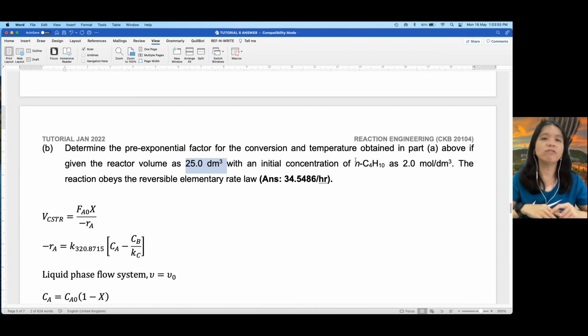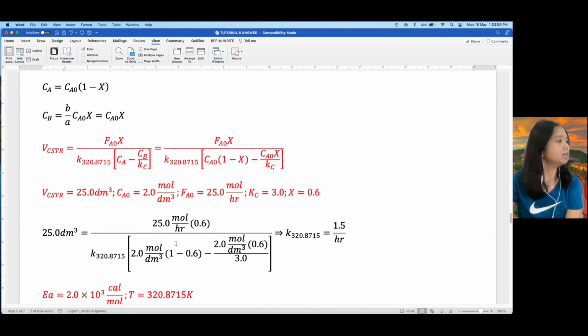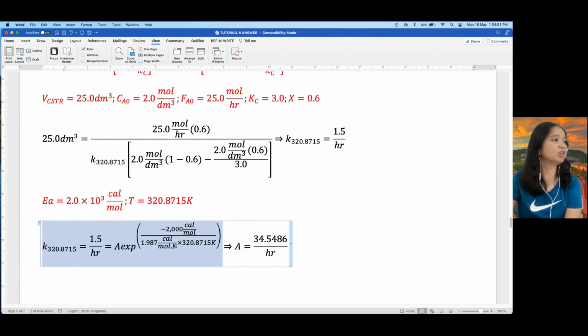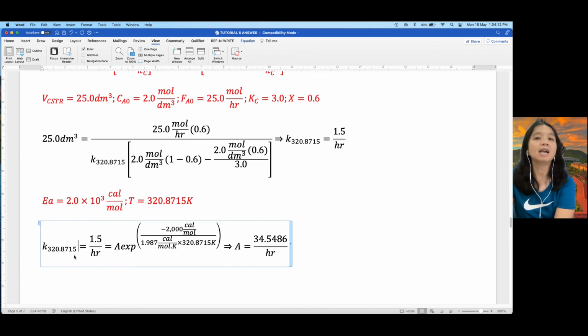So if you want to find the pre-exponential A, definitely it is from the Arrhenius equation. Okay, so let's say now you point out first the Arrhenius equation. So the Arrhenius equation, you know, it must be K at 327.15. Why K at 327.15?